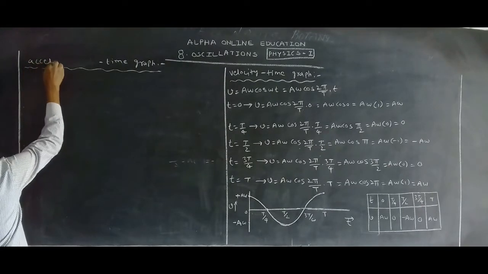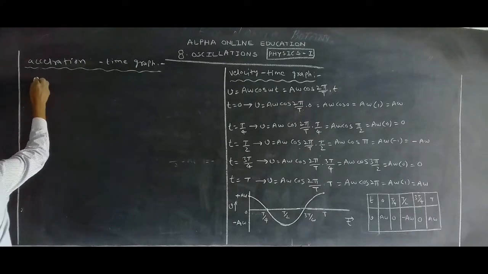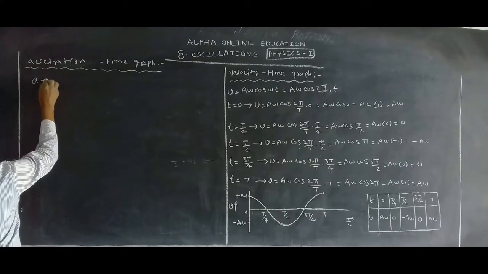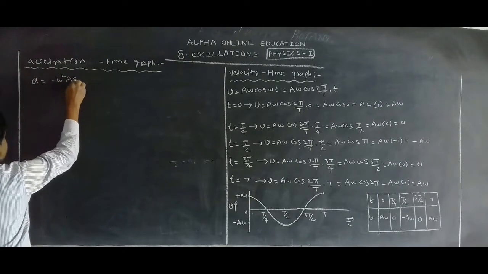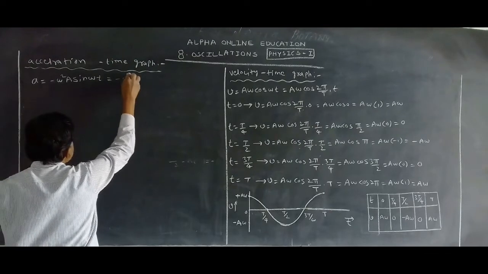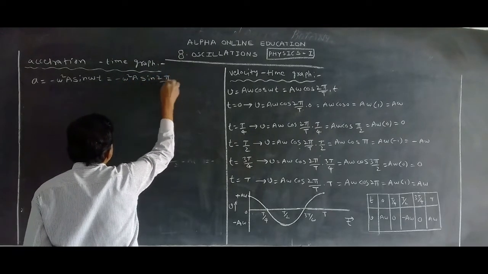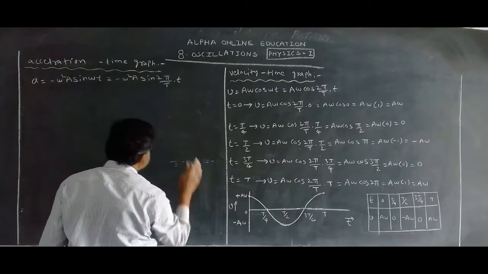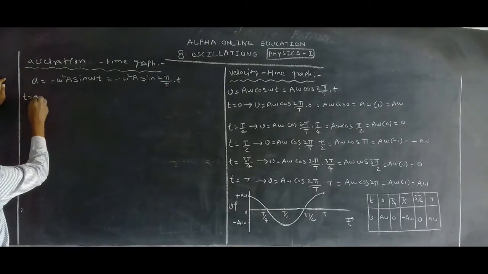Now the acceleration time graph. What is the equation for acceleration? a is equal to minus omega square a sin omega t, that is minus omega square a sin 2 pi by T into t. Now we want to substitute first t is equal to 0.